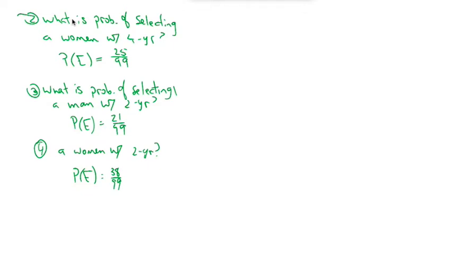I'm saying what's the probability of selecting a man who has a 2-year degree. One of them is a conditional probability. We're not going to talk about those just yet. The other one is just a straight up, I'm looking at this number out of the total. What you're thinking of is what's called a conditional probability. Out of the 2-year degree people, what's the probability of selecting a man? That would be 21 out of 59. But I have to separate the 2-year away from everybody else. As long as I don't do the separation, don't worry about it too much.